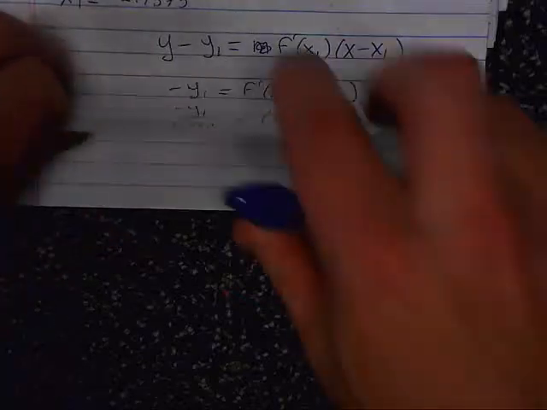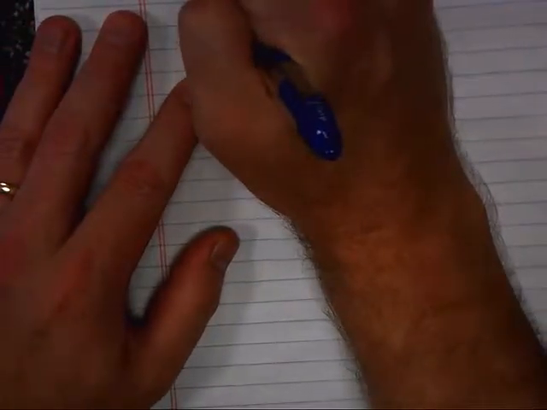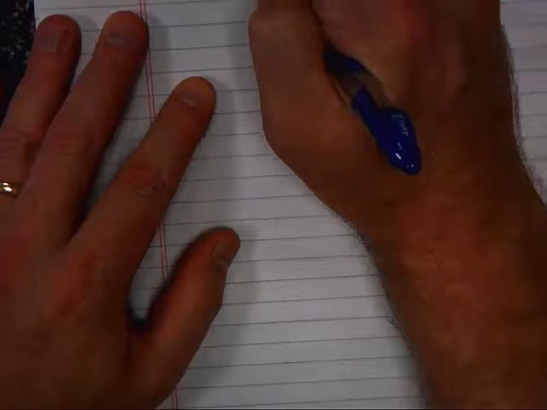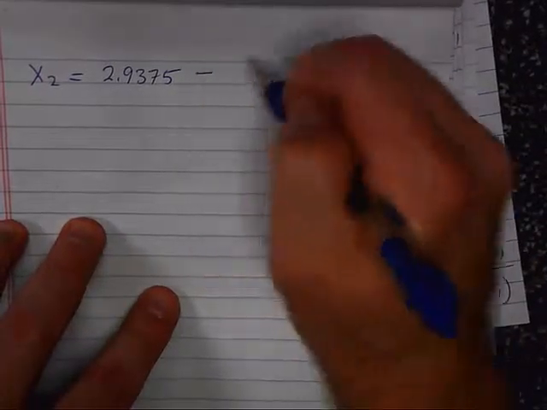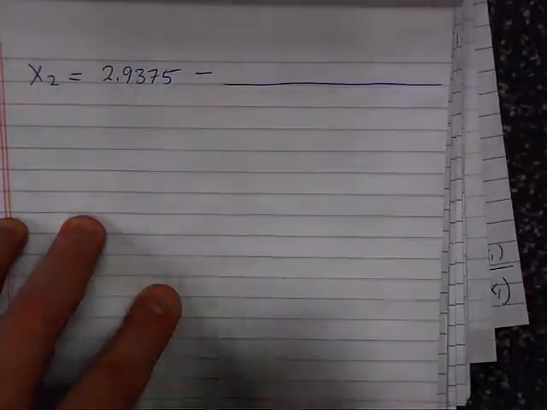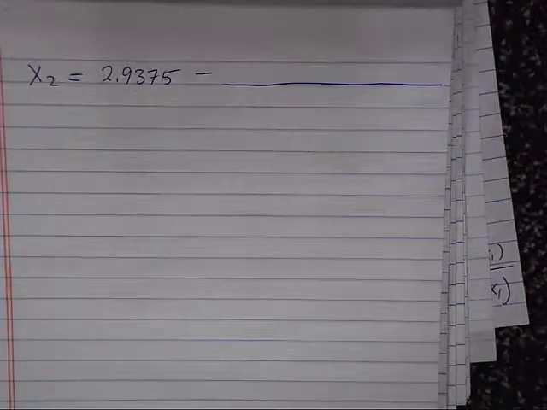Okay. So, x1 is 2.9375. So to find our next guess, we take our current guess, 2.9375, minus we take 2.9375 and we plug it into our original function.